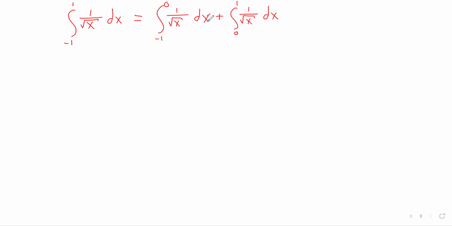We can break this up as the sum of two improper integrals. And one of these we have found already as an example in this course. We did this one. We found that it equaled 2.